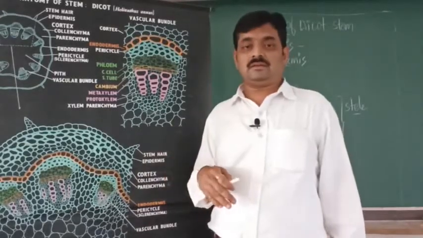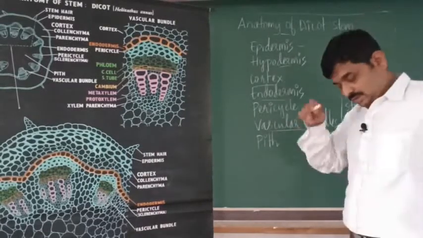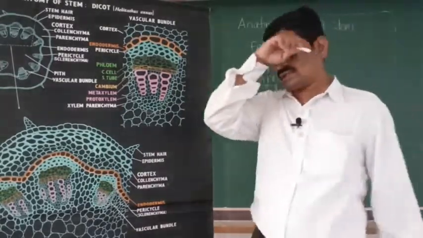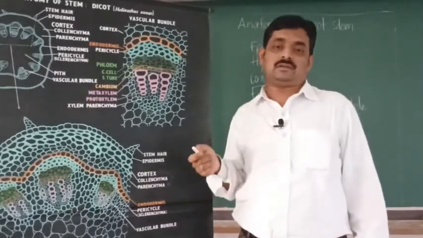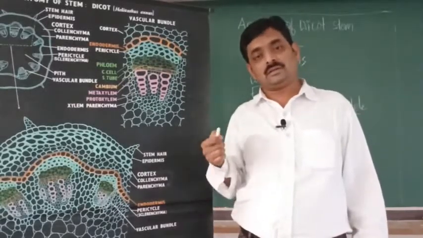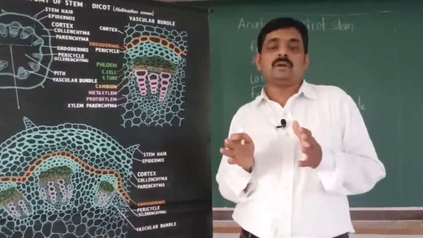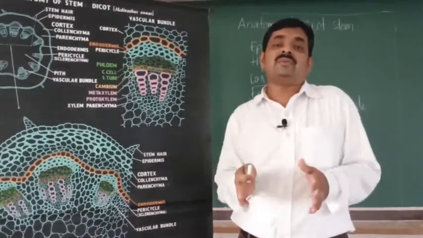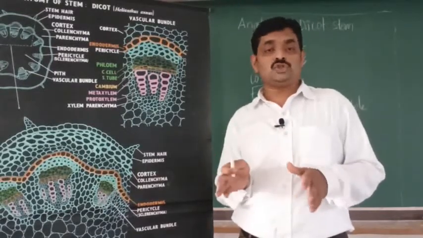After pericycle, the next part is the vascular bundles. Vascular bundles are the bundle of vascular tissues like the phloem and xylem. Phloem and xylem are present here in the single bundle and they lie in the same radius. That's why the vascular bundles here are called conjoint.